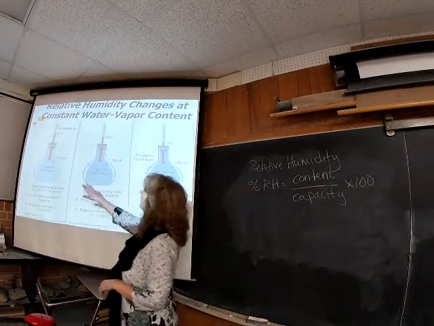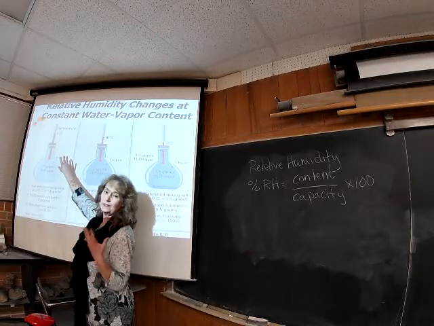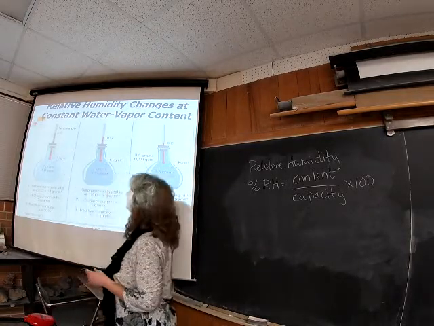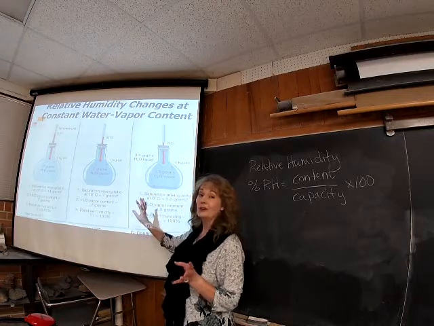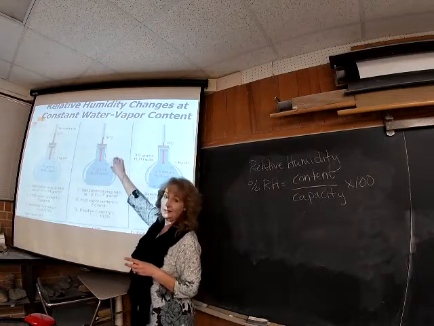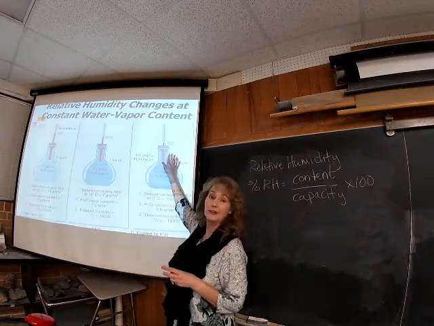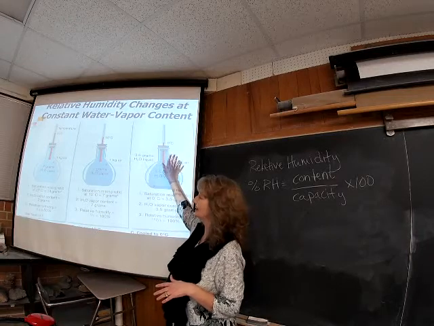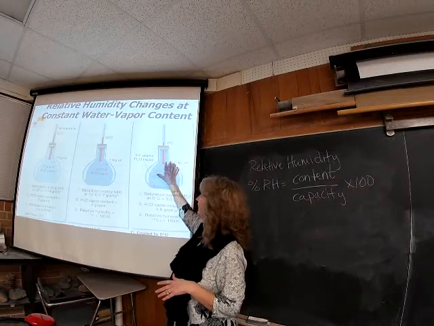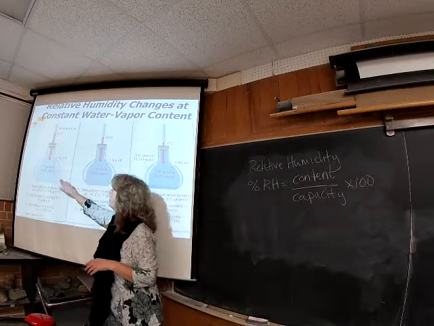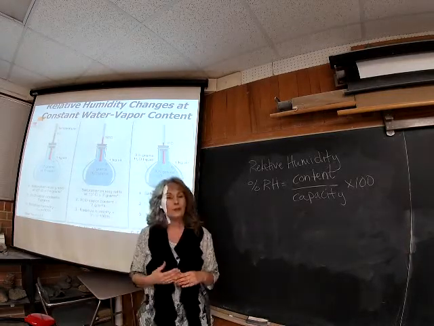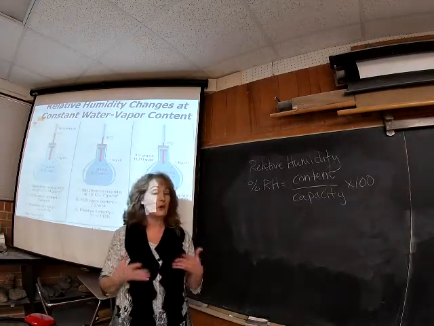Okay, so we're starting out, the temperature to begin with in the initial condition is 20 degrees Celsius, and then they're going to cool that to 10, and then they're going to cool it further down to 0 degrees Celsius in this flask over here. So the water vapor content stays the same the whole time.